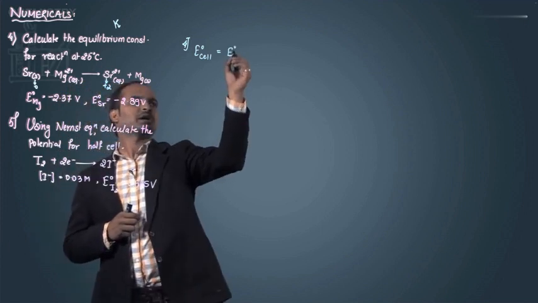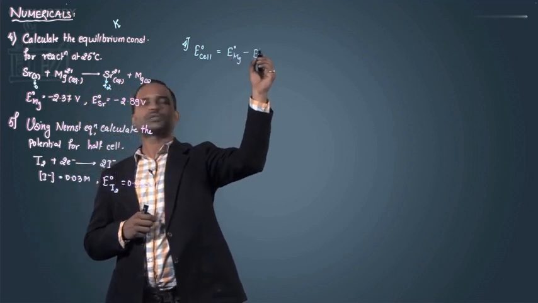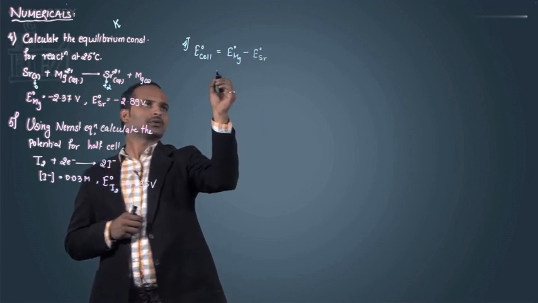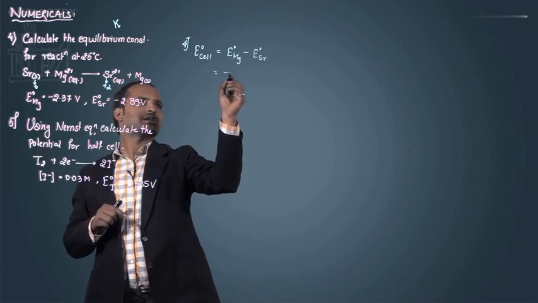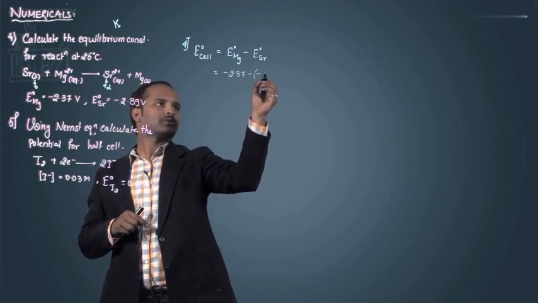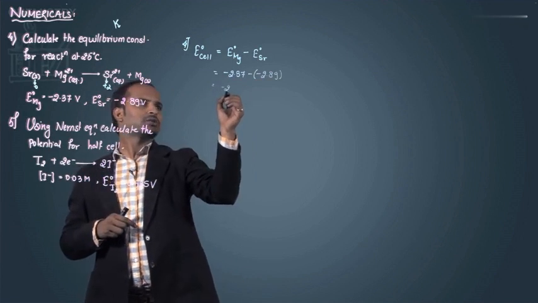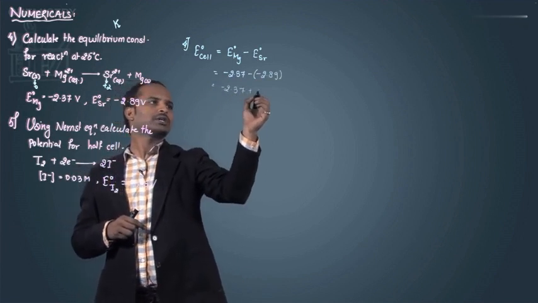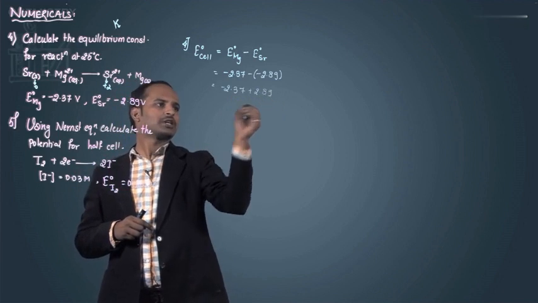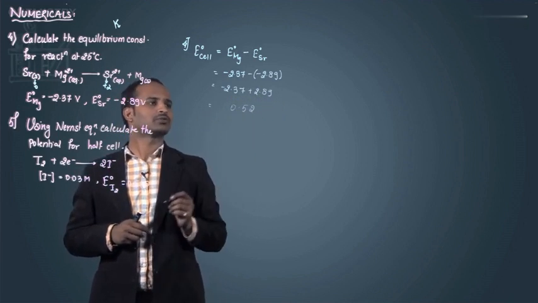So E naught of magnesium minus E naught of anode, which is strontium. E naught of magnesium is given as minus 2.37 volt, minus of 2.89. So finally it will become minus 2.37 plus 2.89, which gives 0.52 volt.